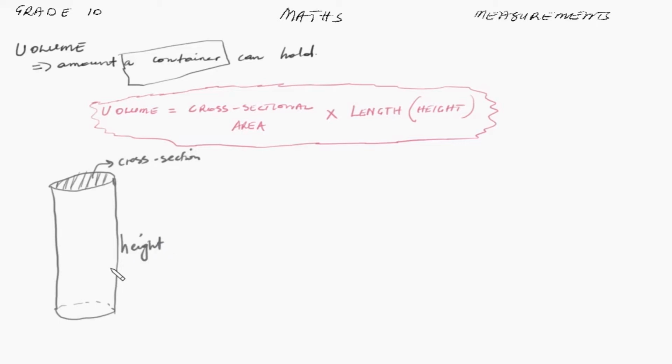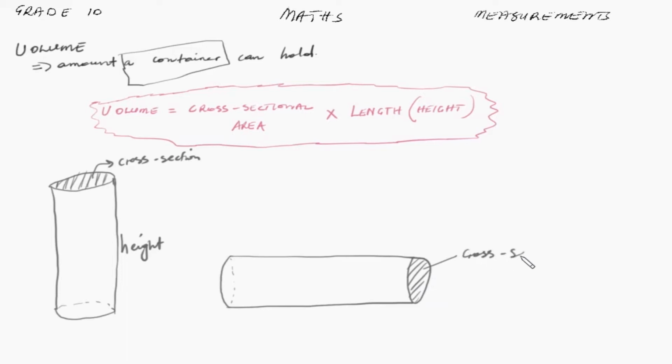If our cylinder had been toppled like this, then we would still have this as our cross section, which is a circle.